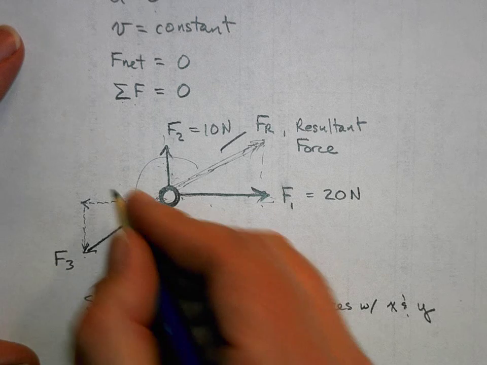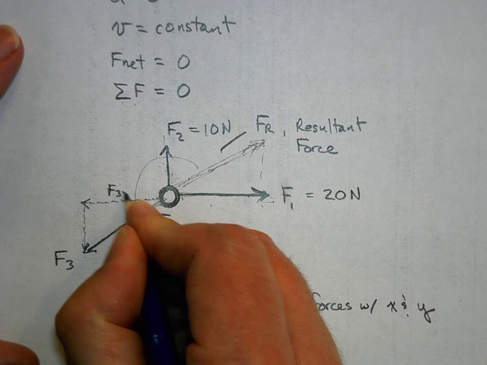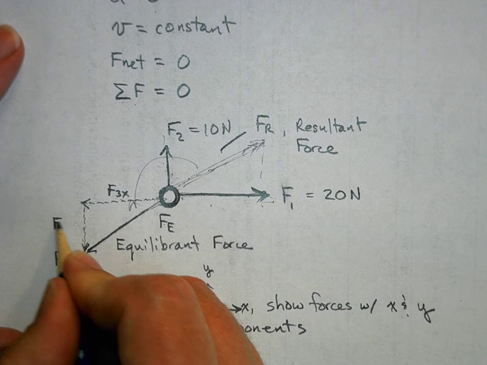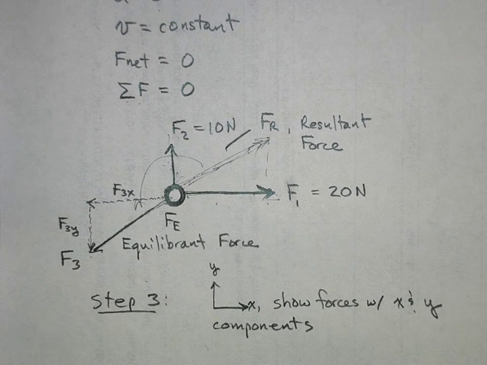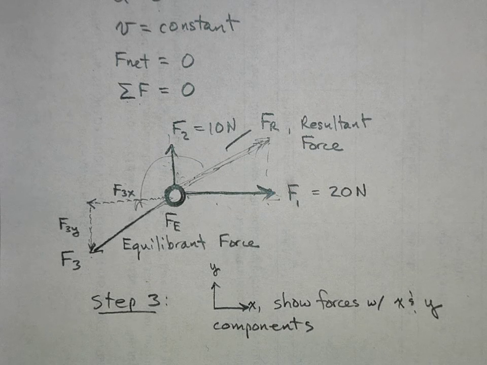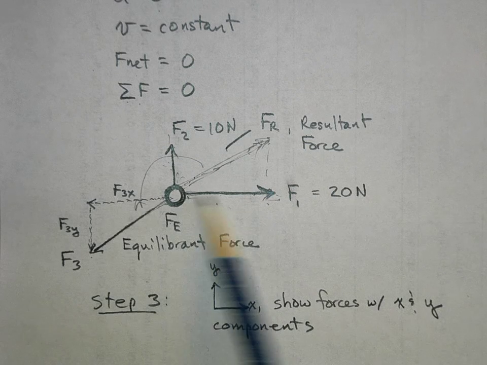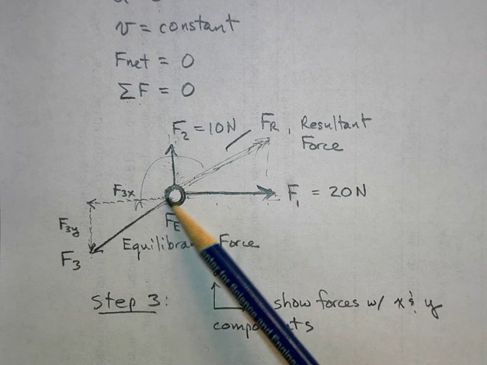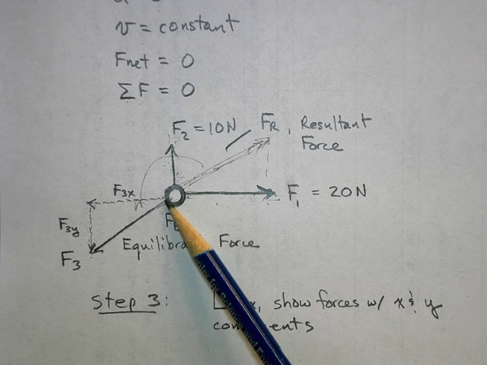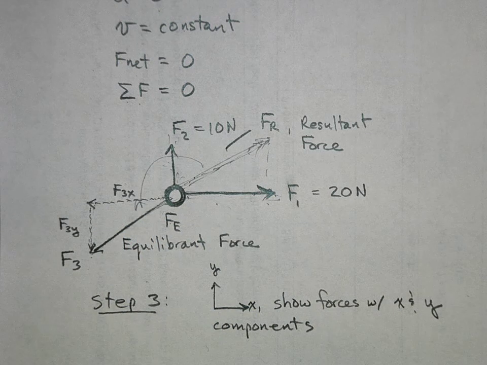So I'm going to call this F3x and F3y. Any questions on what I just did? See, this is all in the x direction, this is all in the y direction, but look at F3. It pulls down and it pulls to the left. It does both at the same time. So I'm going to break this up into its components.